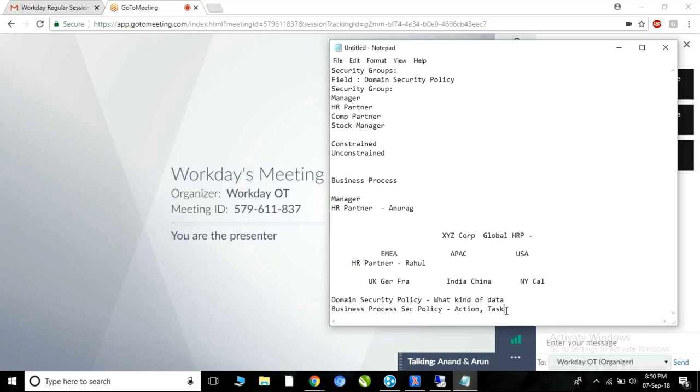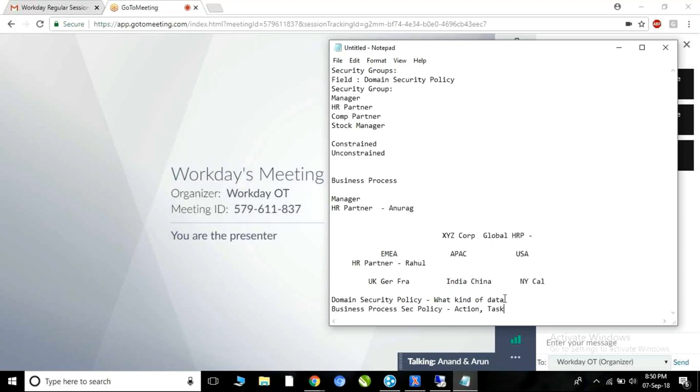Can I do some setting where the HR executive cannot see the salary details of the CEO and CTO, but the HR manager can see them? Can I do it? You can do it. All those things can be configured. He can see other details, but the salary part the HR executive cannot see. Then that is a restriction of data, right?